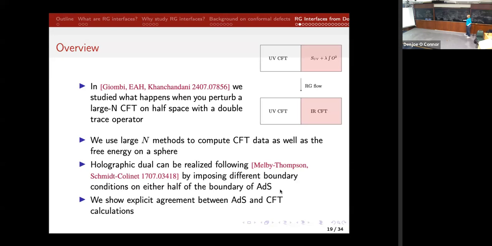This is your extended operator that you're adding to the action. Does that make sense?